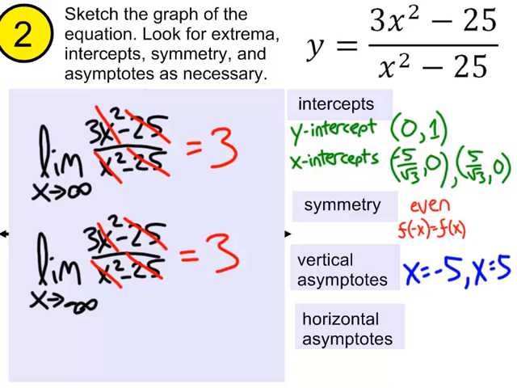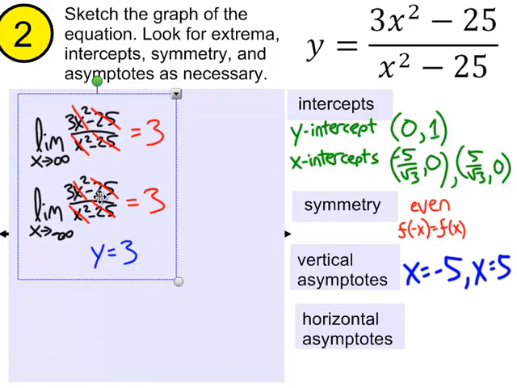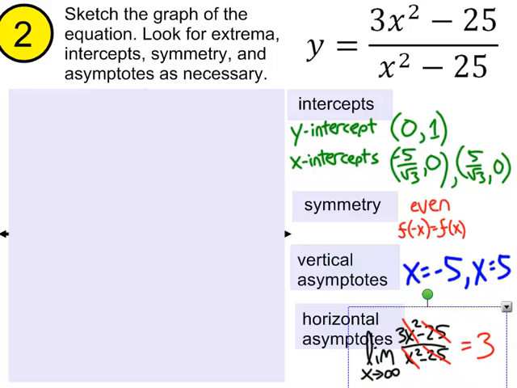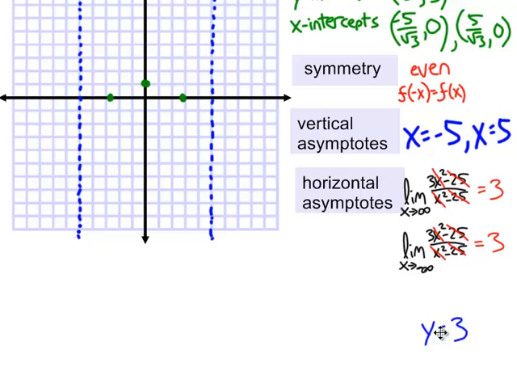So that means we have a horizontal asymptote at y equals 3. Let's shrink that down and then bring the graph back onto the screen. And let's draw that horizontal asymptote at y equals 3.